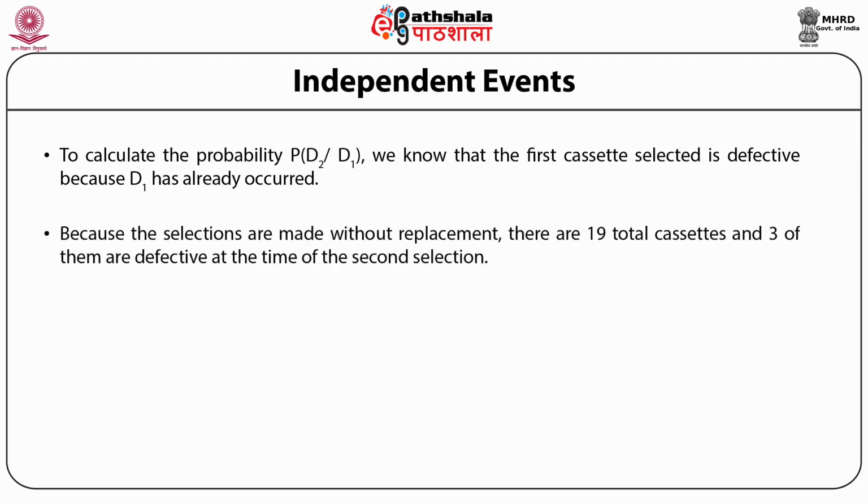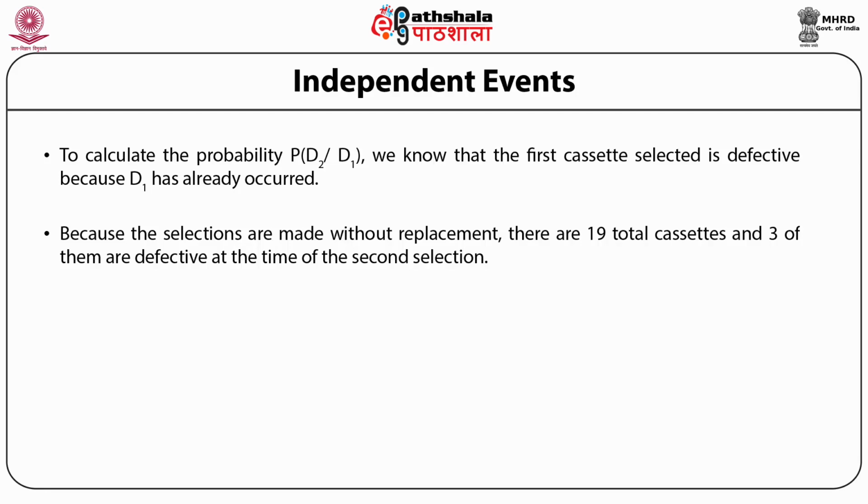Because the selections are made without replacement, there are 19 total cassettes and 3 of them are defective. One has already gone out at the time of second selection. Therefore, probability of D2 when D1 has occurred will be 3 by 19.